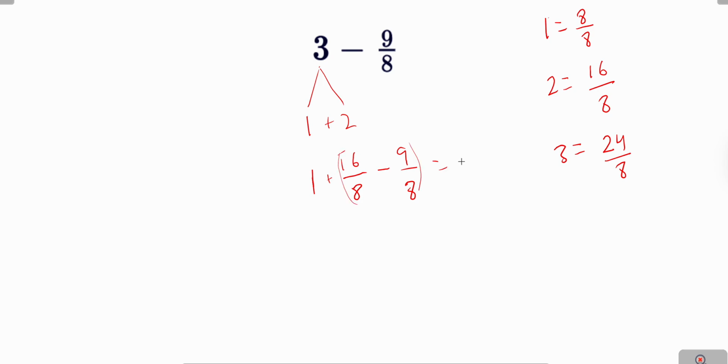Okay, so that's going to be 1 and 7 eighths, which is exactly the same thing as we got before, as 15 eighths. Because if we convert this number back, that's going to be the same as 15 eighths. That's 8 eighths plus 7 eighths. That's 15 eighths.